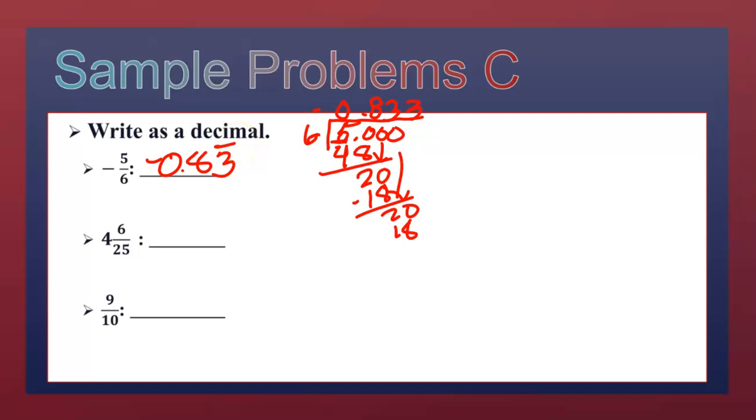Next, if I have a mixed number here, the whole number is the first part of your decimal. The fraction, we have to find the fractional parts. So we're going to do the division. So this would be 4.000 divided by 25. So 25 cannot go into 4, but 25 can go into 40. Actually, that should be 4. Let me get that. This should be 6.